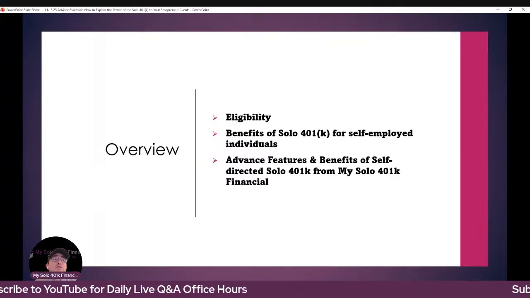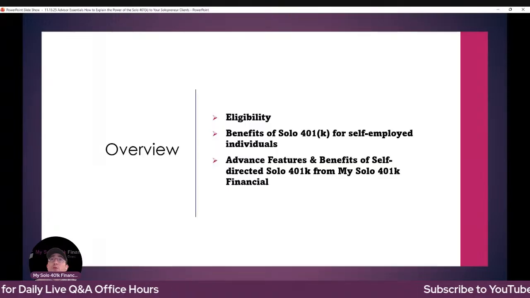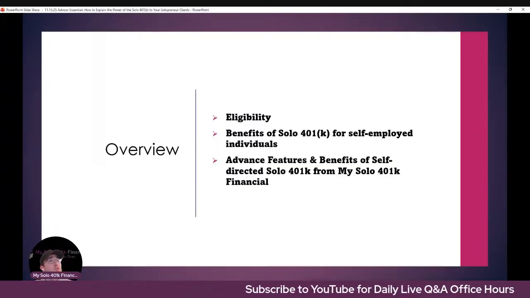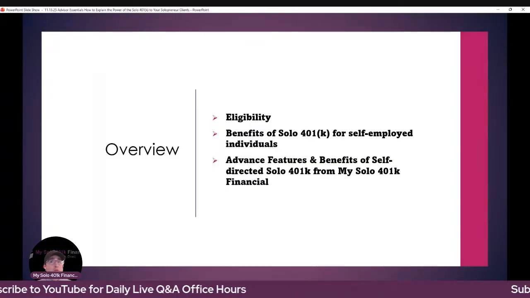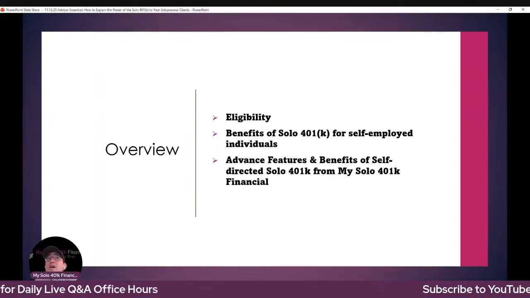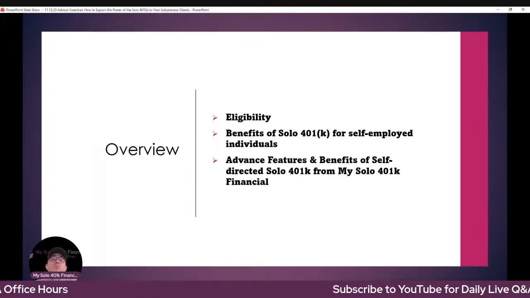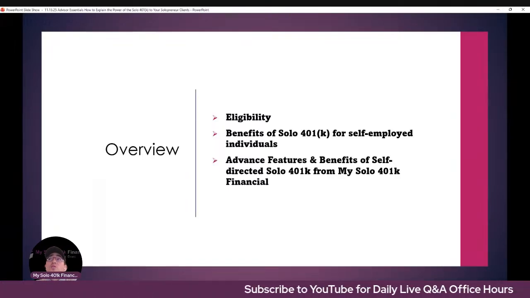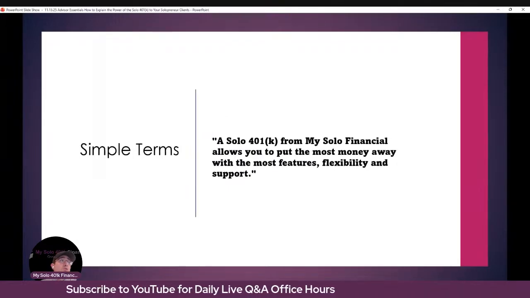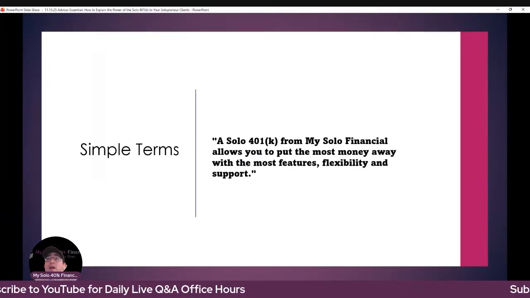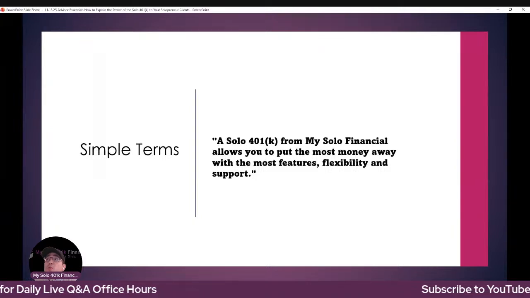The benefits of a solo 401k plan for self-employed individuals generally, and then the advanced features and benefits of a truly self-directed solo 401k plan like the one offered by My Solo 401k Financial. And also, based on our experience, ways to explain it to unlock the understanding for the potential solopreneur client. So I think a good starting point is just simple terms.